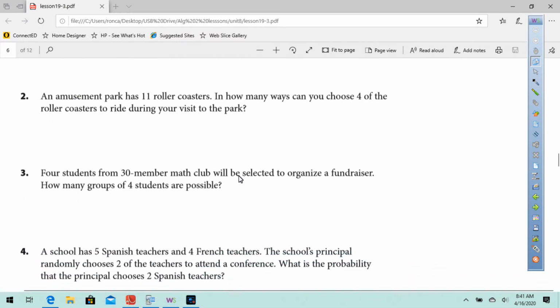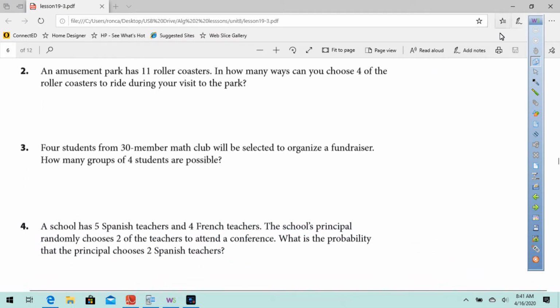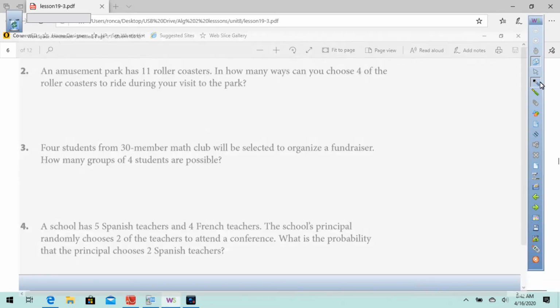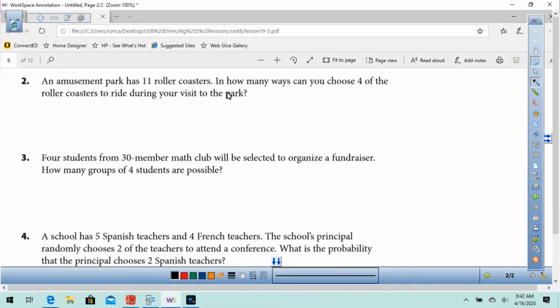Number 2, an amusement park has 11 roller coasters. How many ways can you choose 4 of the 11 roller coasters during your visit? Now, it gets complicated after a few to do it the logic way, so the formula makes it much easier.